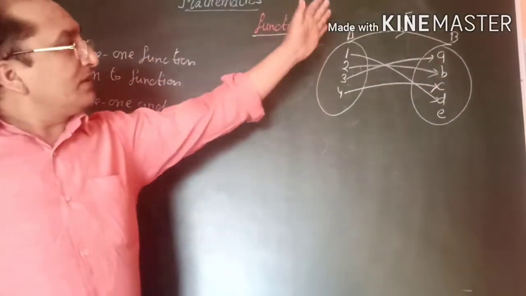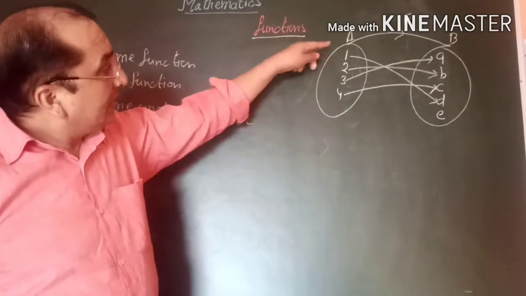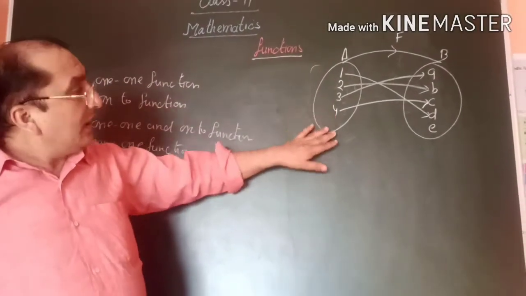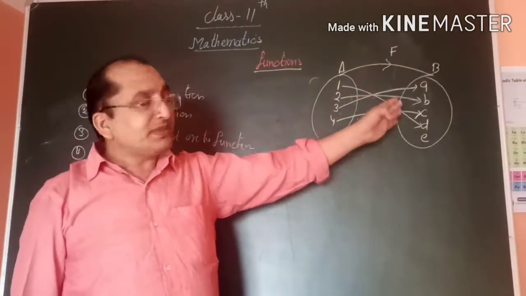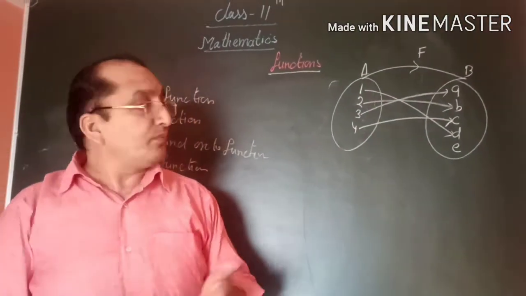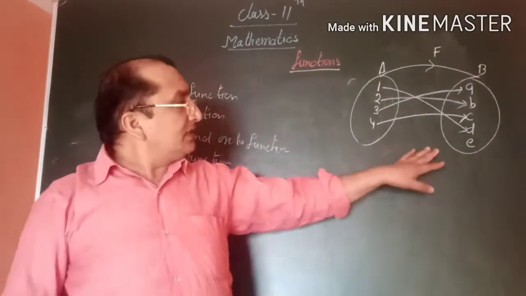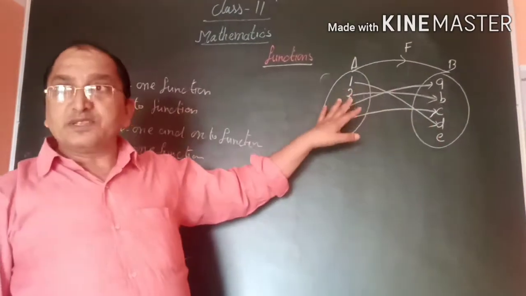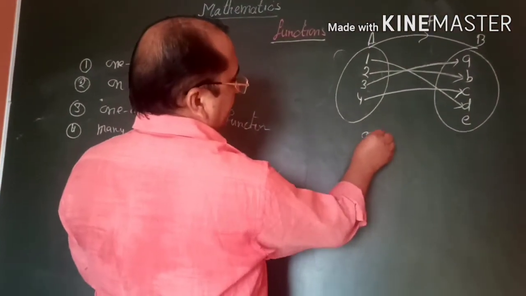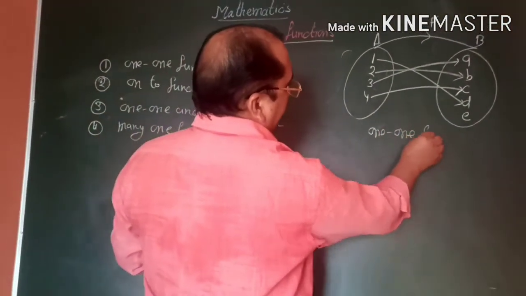One element has one image, and this is a function. The reason is that in the first set, all elements have at least one image in set B. But A is not the image of any element. This is possible. So this is a function.